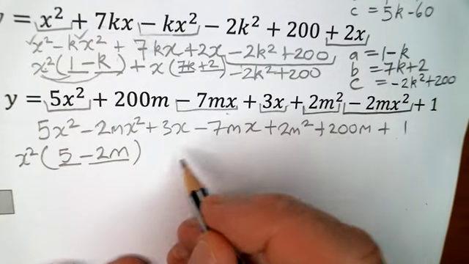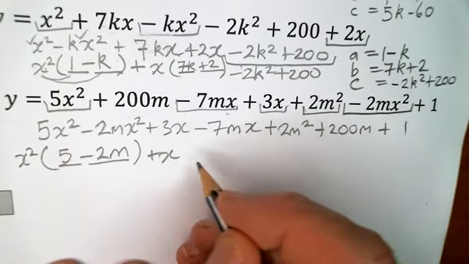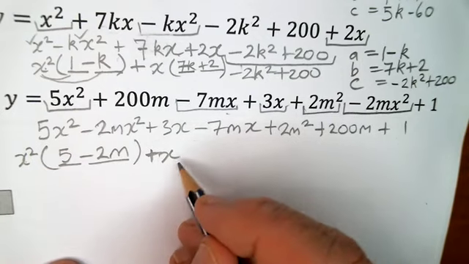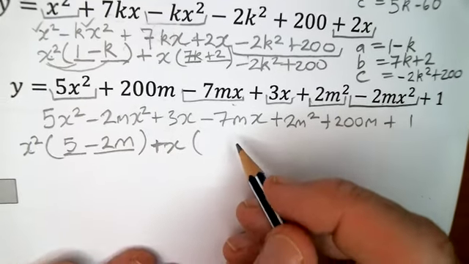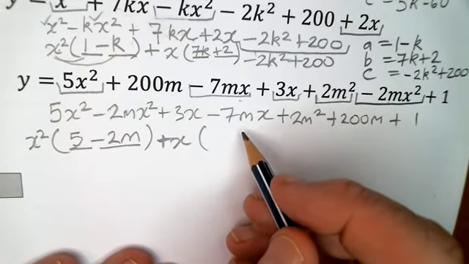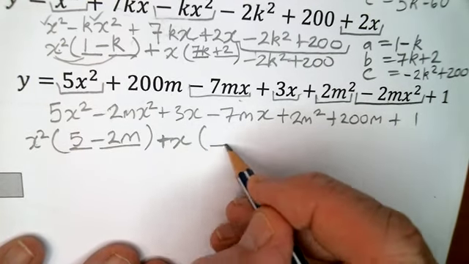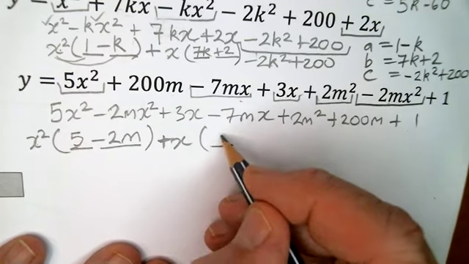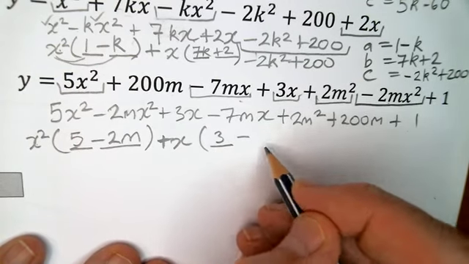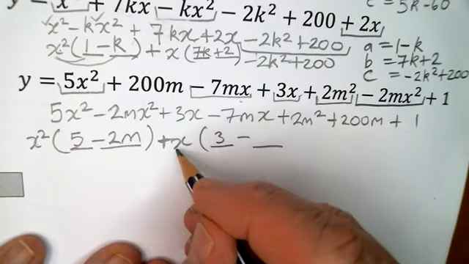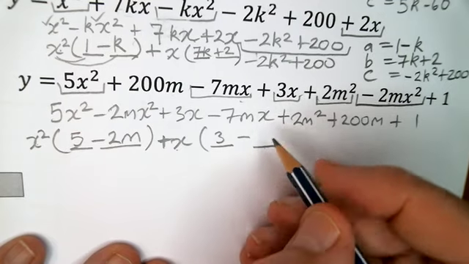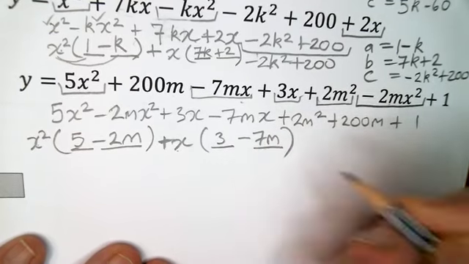All right, next bit. So I'm going to take the x outside, put a plus there. Always a plus, by the way. Can't be a negative. The negative would have to reside inside. So what times x makes 3x would be a 3, and what times x makes negative 7mx would be negative 7m. There it is.